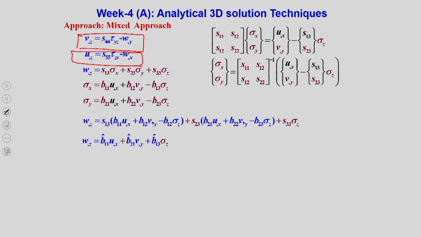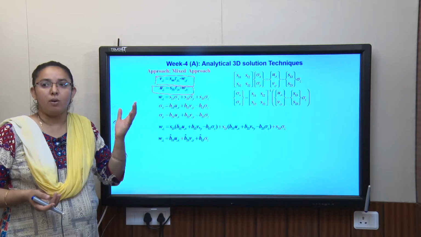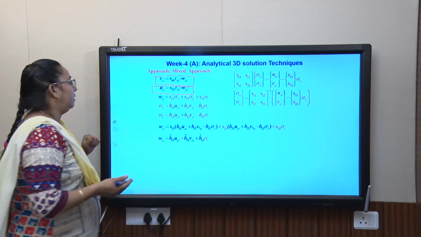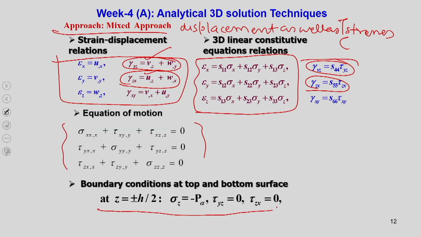If we are able to obtain a first order differential equation in any coordinate, the solution is comparatively easy. Then go for w comma z, epsilon z. So from here substitute this and you see.